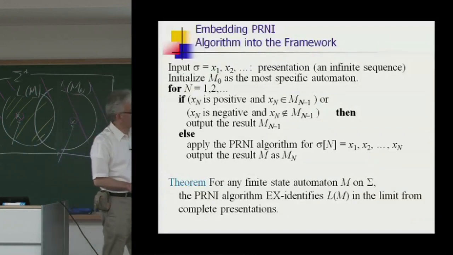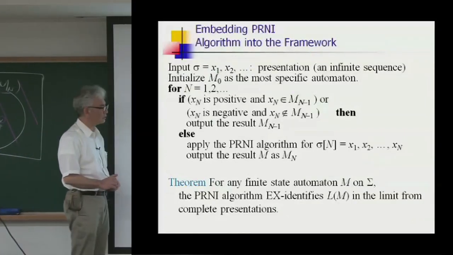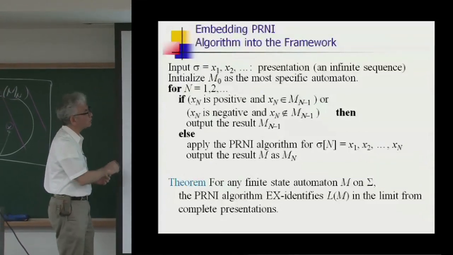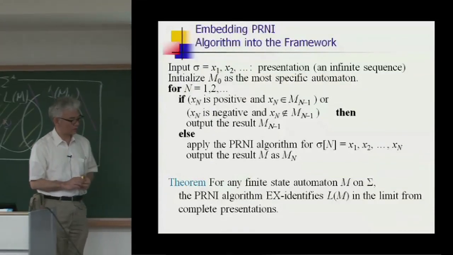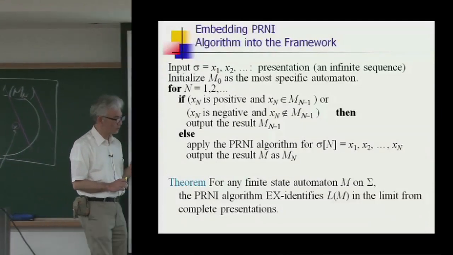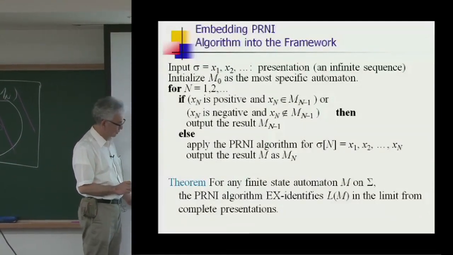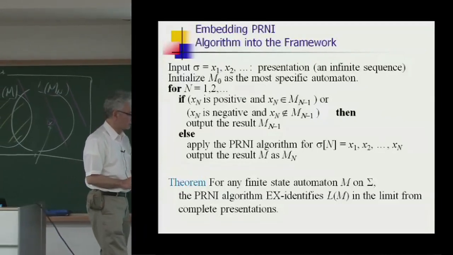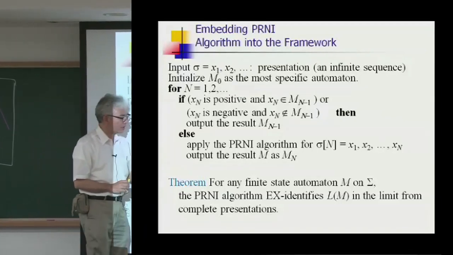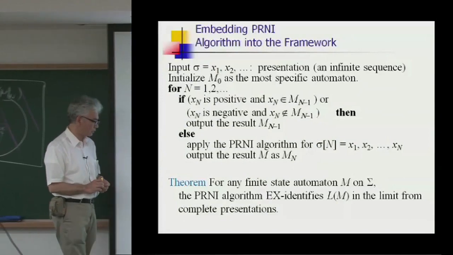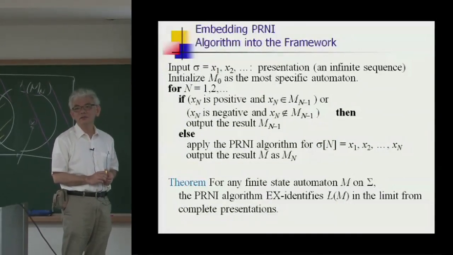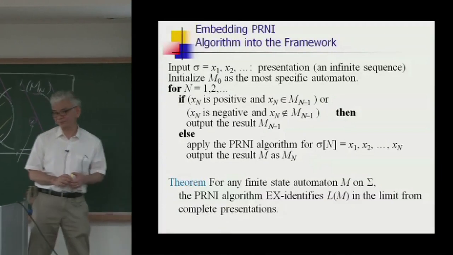A slight modification of pruning algorithm fit the framework, so it is not the essential, but I would like to propose that for any finite set automaton M of sigma, the pruning algorithm EX identifies L of M in the limit from complete presentations. This is a proposal.